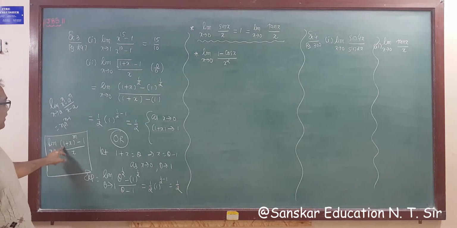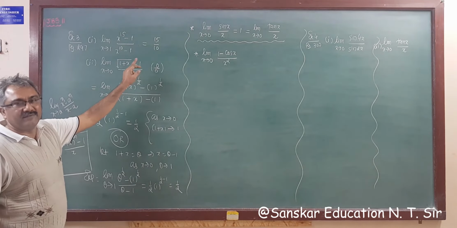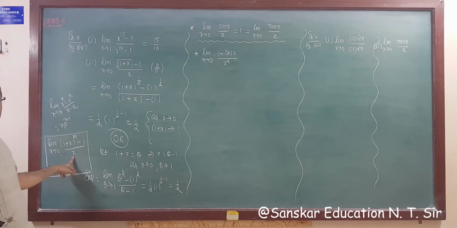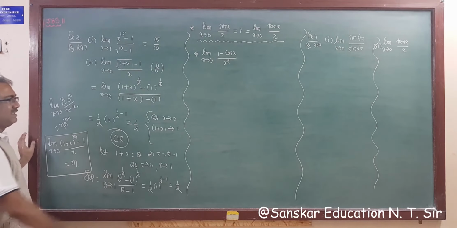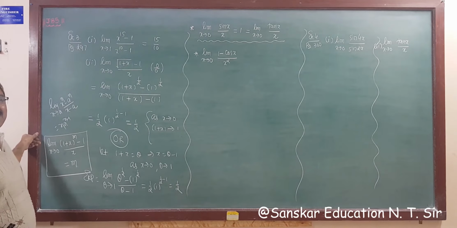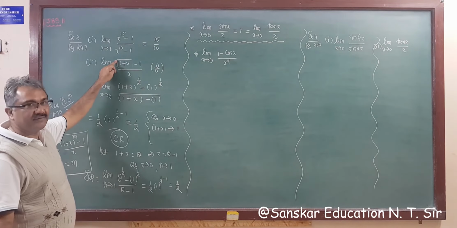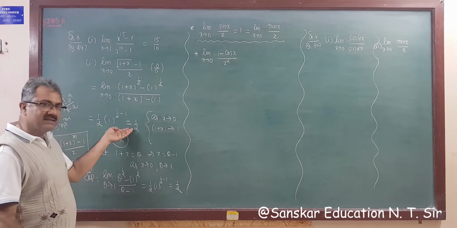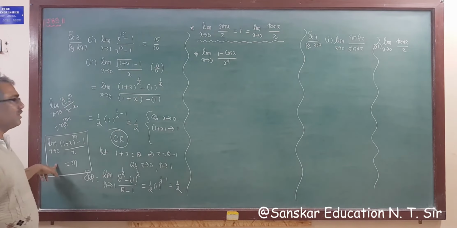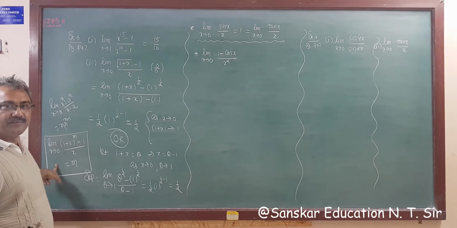What is given? 1 plus x raised to any power, but you require here only 1, and in the denominator you require x, then the answer will always be m. So now check here the answer. m is half, power is half, answer is half. Yes, the answer is half in any method. So this is a shortcut method for competitive exams that is very useful for you, right?